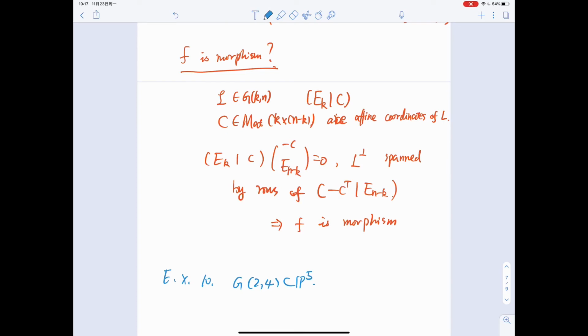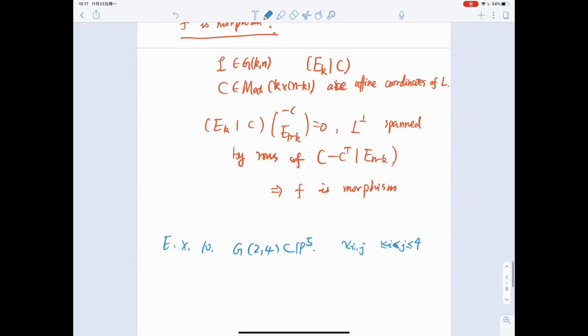We denote the homogeneous Plücker coordinates of G(2,4) in P^5 by x_ij for 1 ≤ i < j ≤ 4. Then G(2,4) is defined by the vanishing set of this equation.